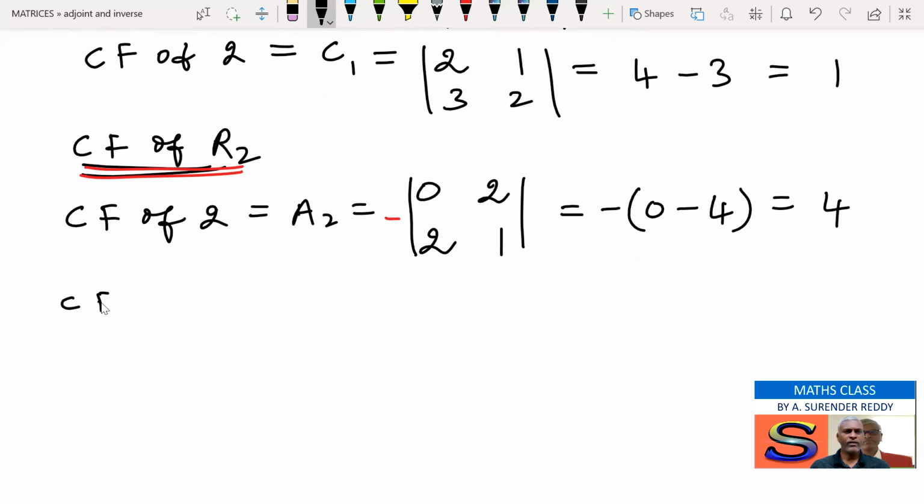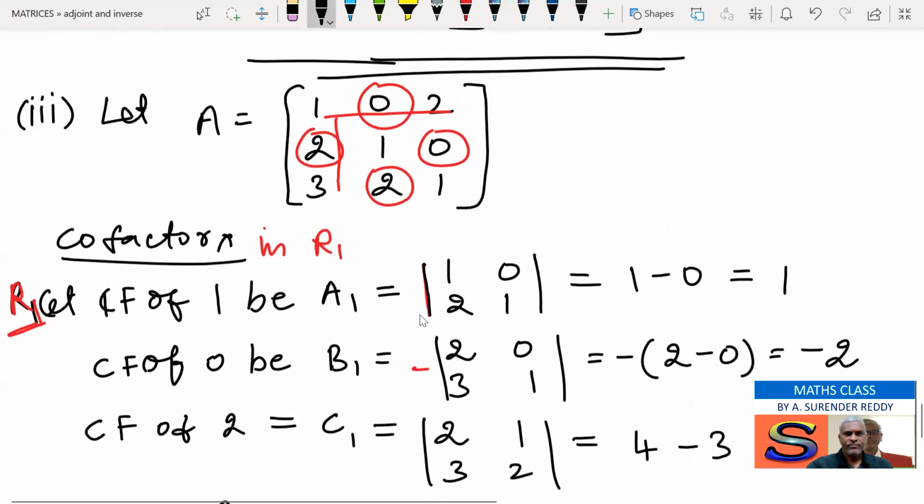Similarly, cofactor of 1, that is B2. It is the middle one.